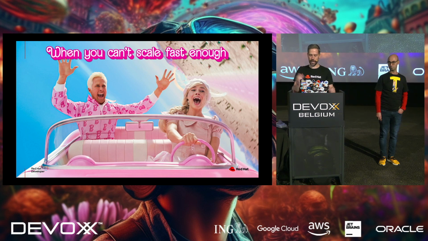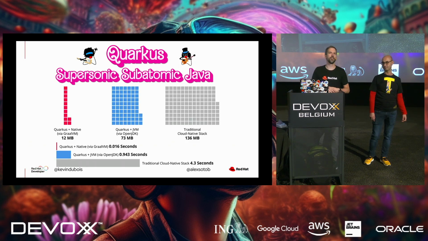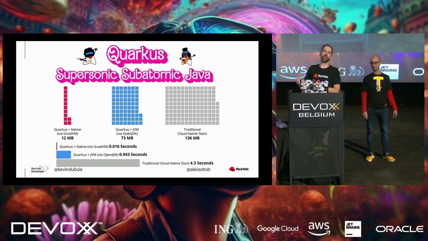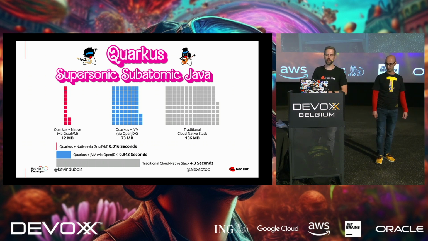One of those stacks, and of course we're a little biased, but I really love Quarkus, so that's going to be the stack that we're going to use today. That doesn't mean that you can't achieve the same things that we're going to cover today with other stacks, but we're going to focus on Quarkus.